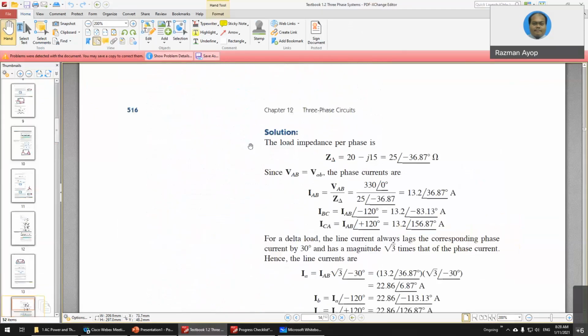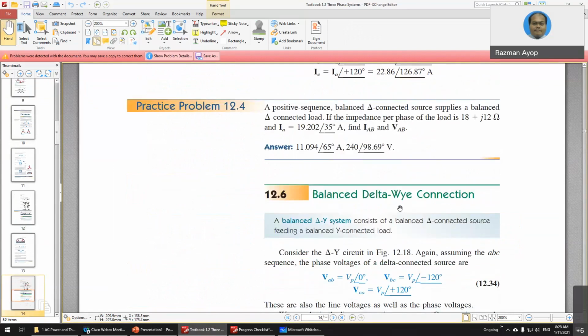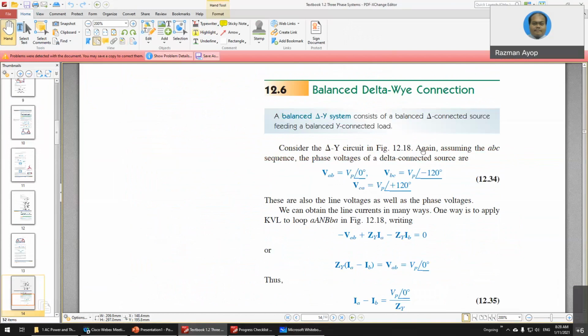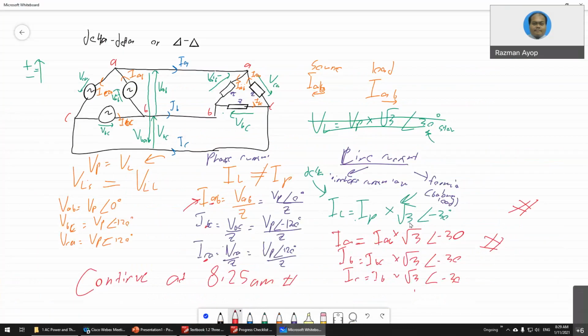We move on to the next part, which is the delta-Y connection. The first thing you need to do is to draw.